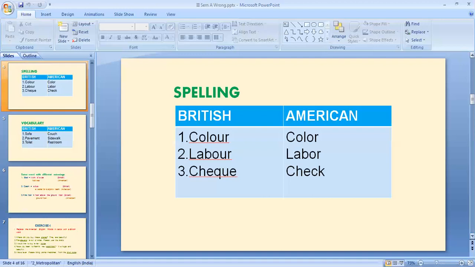They show some error with a red mark in British spelling. But according to British English, there is no problem with the spelling of these words. COLOUR is absolutely right in British English. The Americans use it as COLOR.